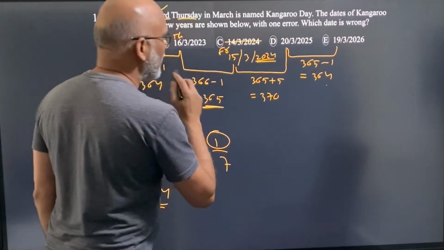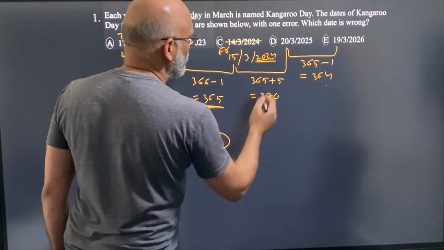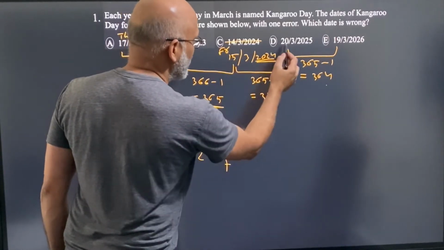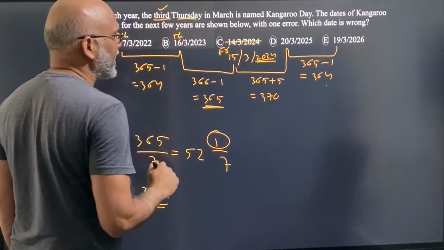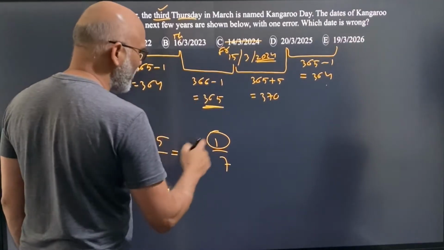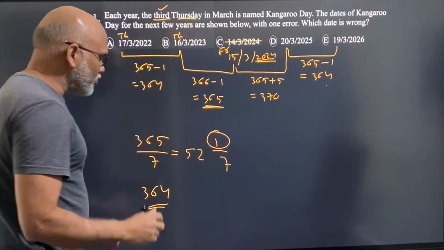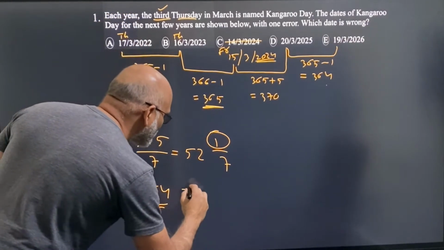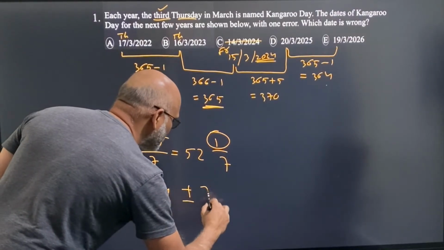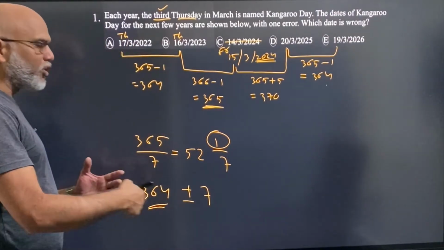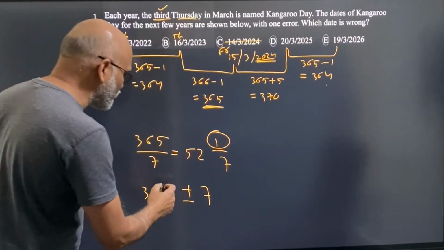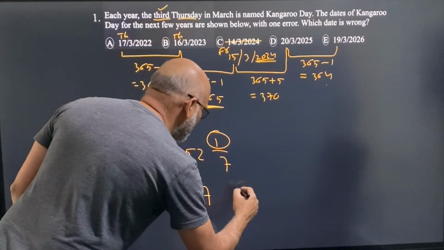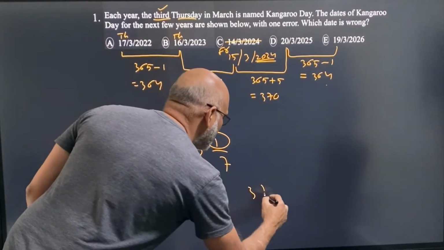Okay. Now from Friday, from 15th to 20th. Another thing to note is if I add or subtract 7 or a multiple of 7, it is going to be still divisible by 7, right? So if I add 364 plus 7 is 371.